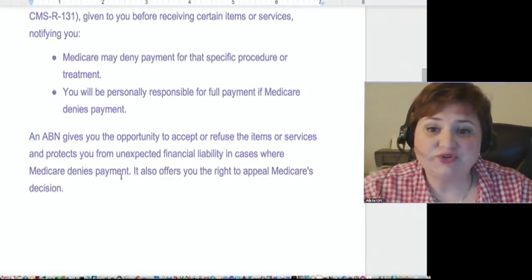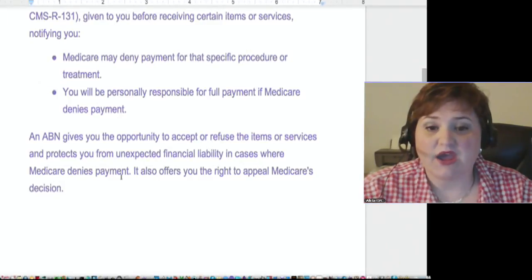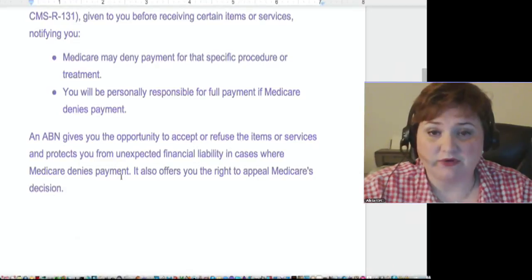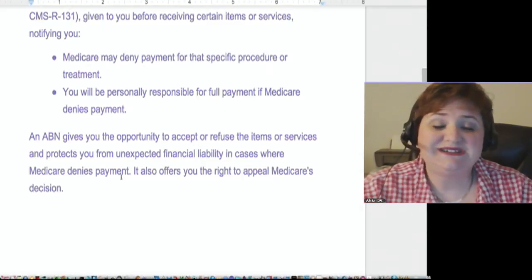that allows you to decide if you want to accept or refuse the ABN. Okay? And you may not want to be liable for whatever it is that the doctor wants to have done. But if you decide that you don't want to sign the ABN, you need to let the doctor know.